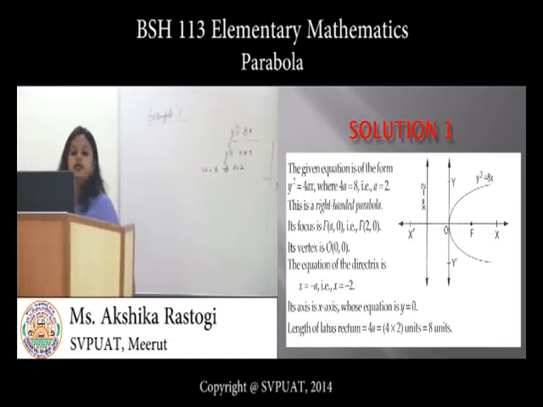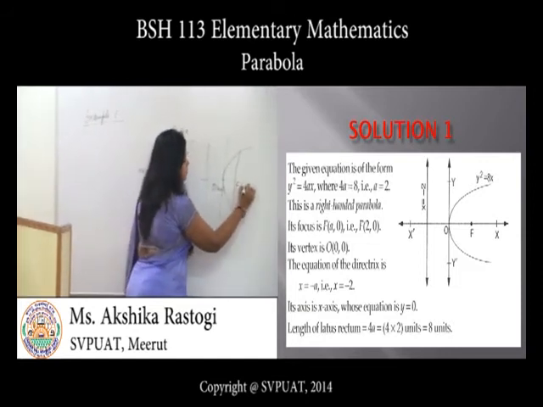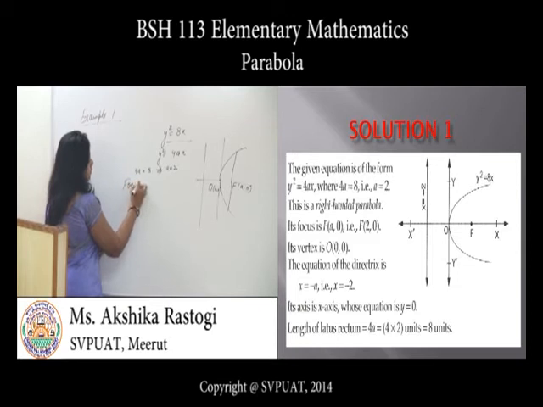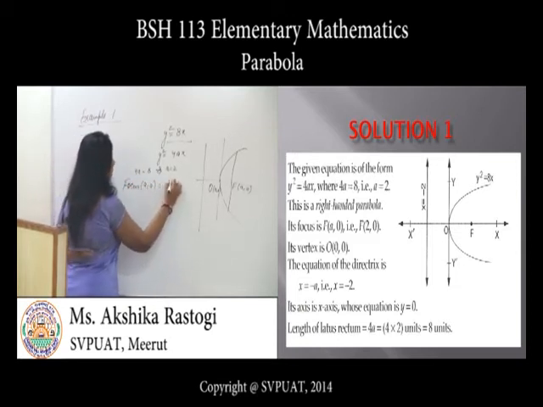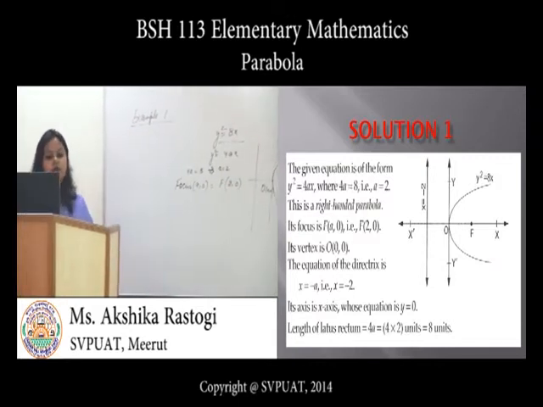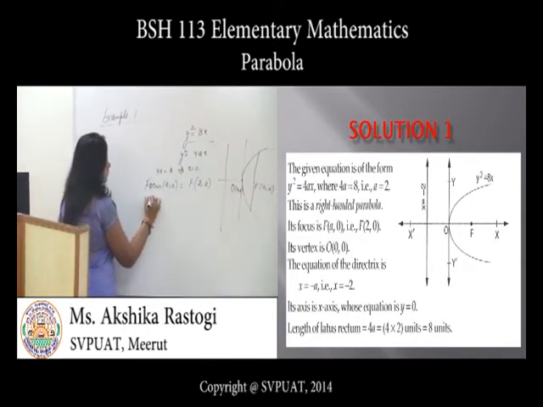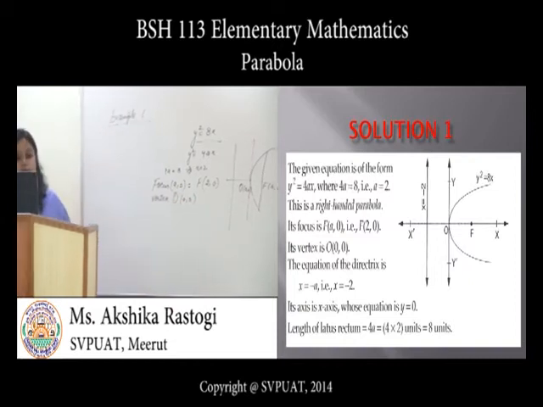First of all, we'll find the focus. Focus is (a, 0), that means focus is (2, 0). Then we have to find the vertex. We know that the vertex is (0, 0); the vertex will remain the same.